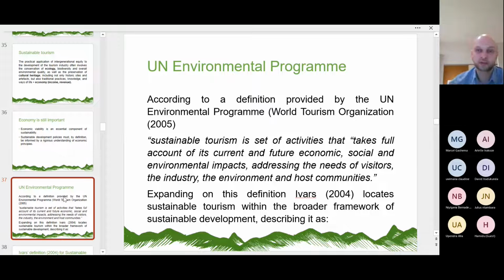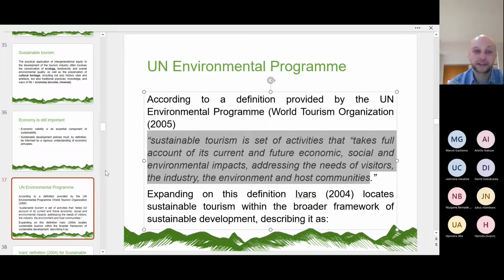They had a special document, UN Environmental Program, published in 2005. In accordance with that document, sustainable tourism is a set of activities that takes full account of its current and future economic, social, and environmental impacts, addressing the needs of visitors, the industry, the environment, and the host communities.